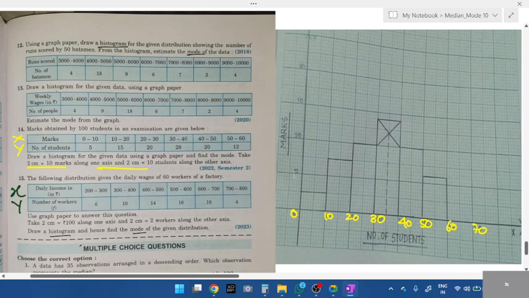Okay. So according to the ruler, you'll have to take 2 centimeter as 10. Then even here you're supposed to take 10, 20, up to 60. See, for both they've given 2 centimeters, right? 2 centimeter is 10. So here how many boxes have you taken? You have taken 10, Tanishka.